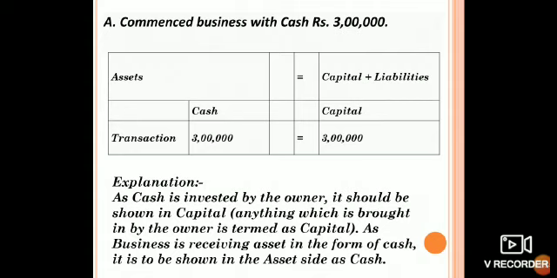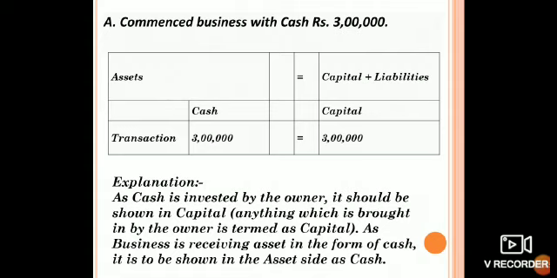You can see that this 3 lakh is added in cash under the asset side and it is also added under capital, as the cash brought in by the owner is called the capital. So on both sides 3 lakh is entered.